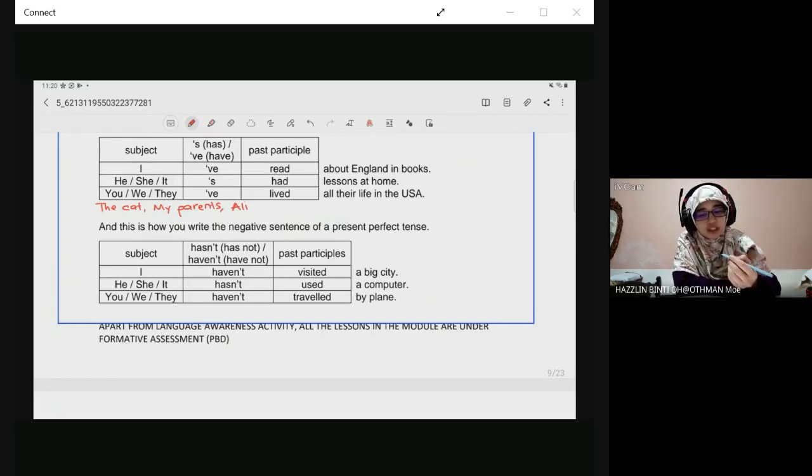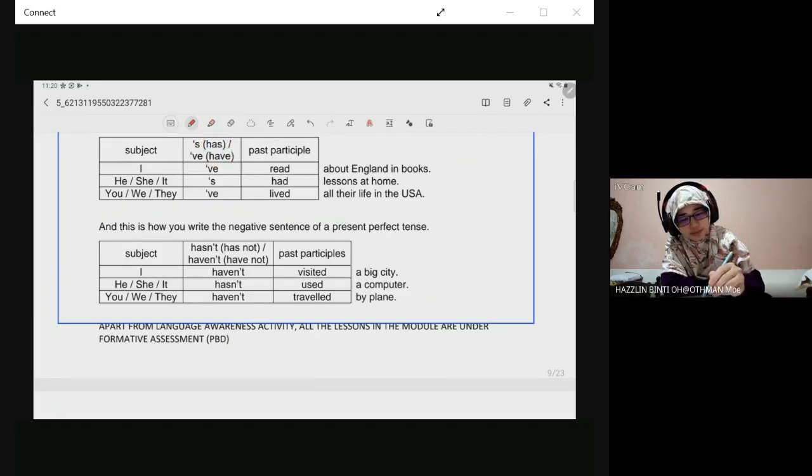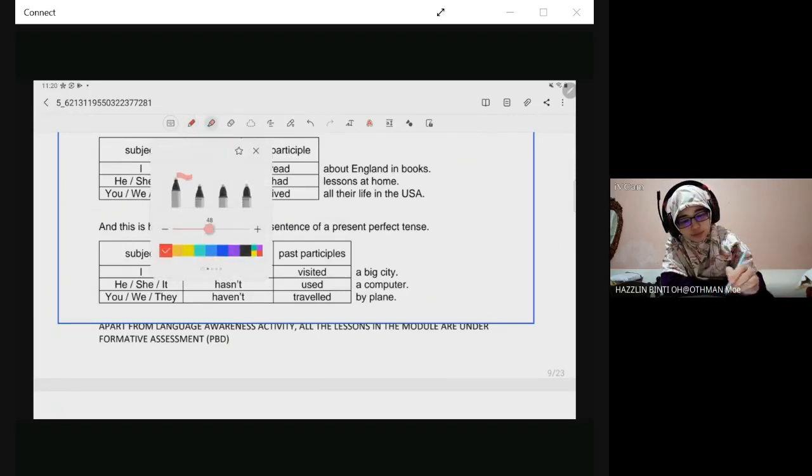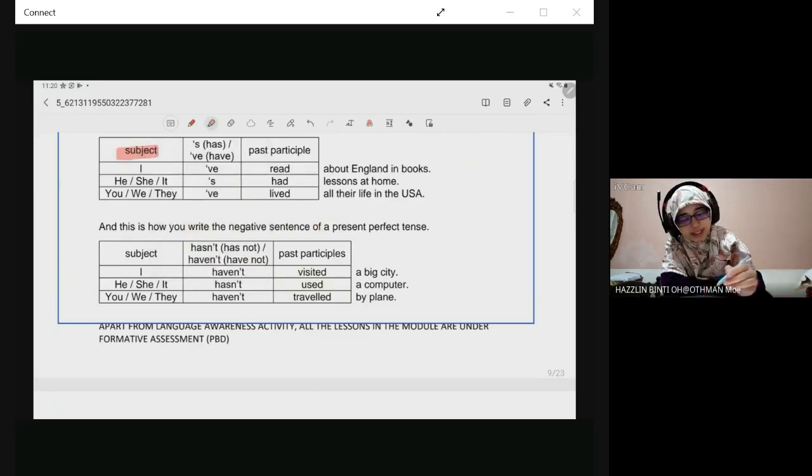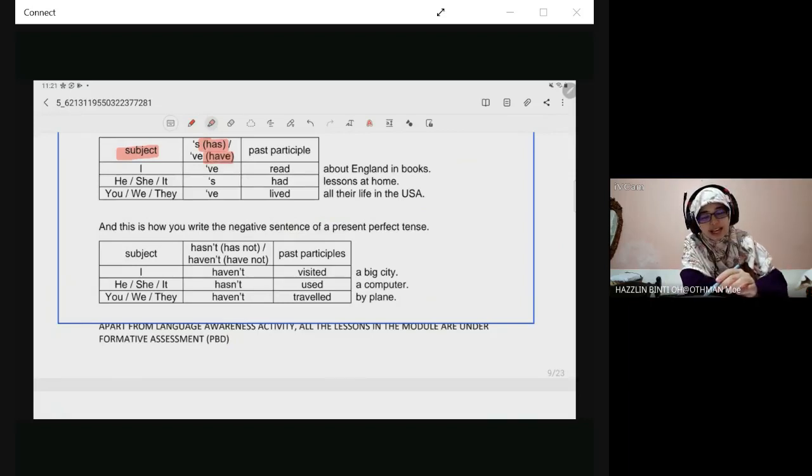Let's look at the second column. After you've written the subject, you need to write down has or have. First is the subject, the second is has or have. Now, why is there an apostrophe S and apostrophe VE? The apostrophe S is the short form of has, and apostrophe VE is the short form of have.